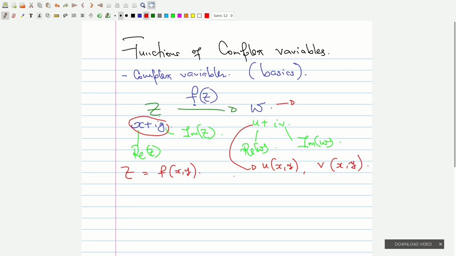So we can write this explicitly as u of x and y, plus v of x and y, times i.